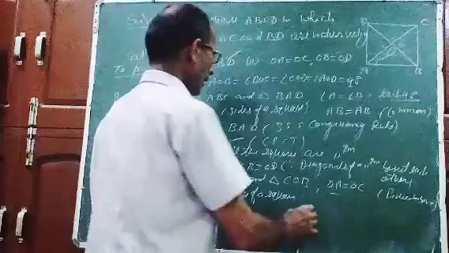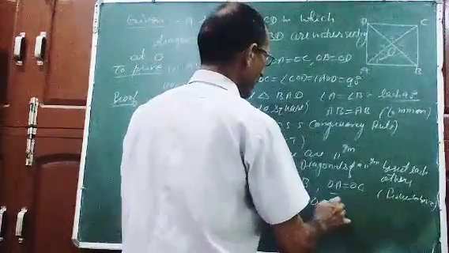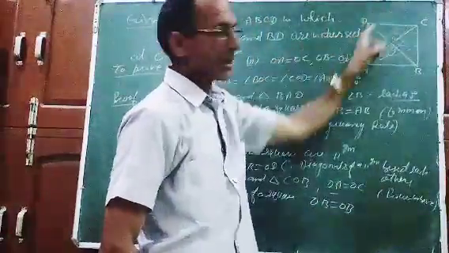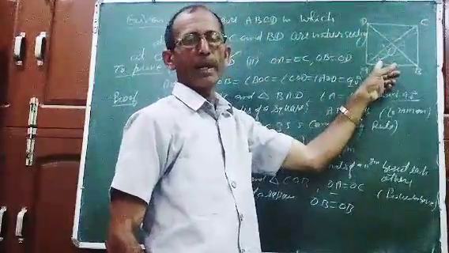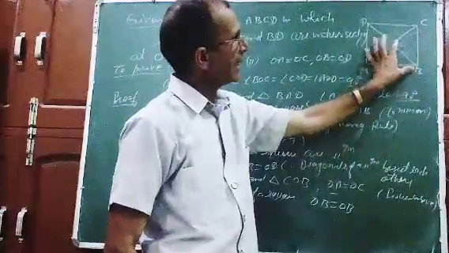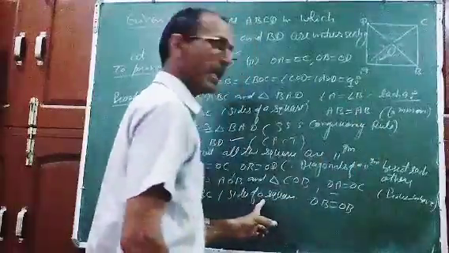And OB is equal to OB, common. Yes, see, OA is equal to OC, just I proved, because diagonals of a square are bisecting each other. Now OB is the common side included in both, and AB is equal to BC, sides of a square.